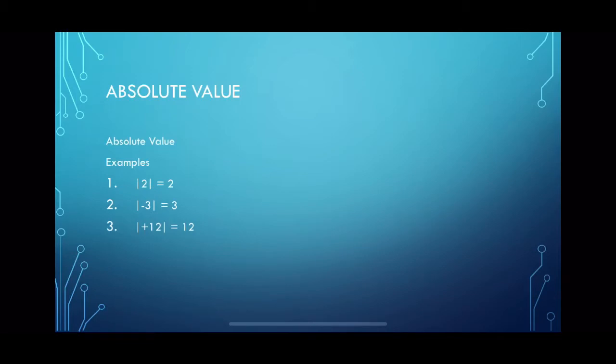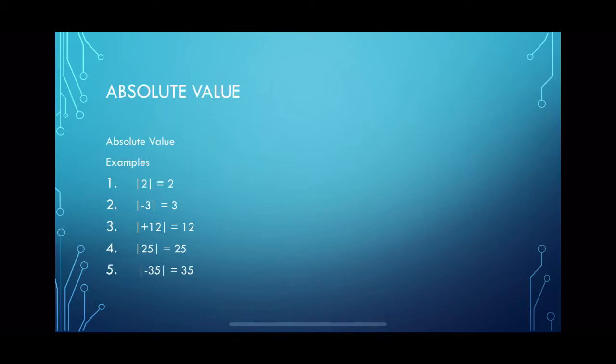Number 3, the absolute value of 12 is equal to 12, which is 12 units away from the origin 0. Number 4, the absolute value of 25 is equal to 25, 25 units away from the origin 0.